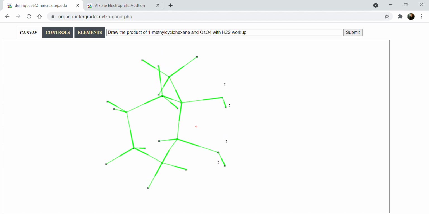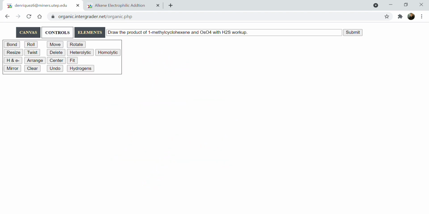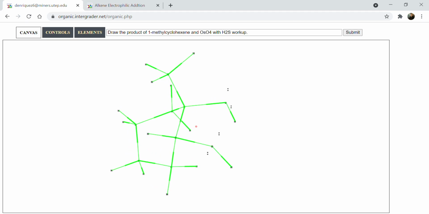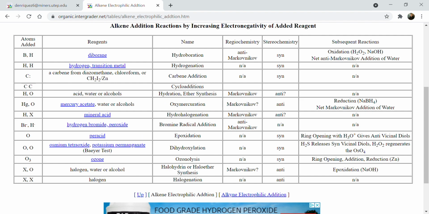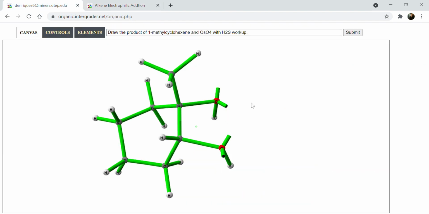And then lastly, I see that they are looking like they're syn. Okay, so I want to make sure that it's the right, yep, so they have to be syn. And that should be good. I think I have the right amount of everything on there. I hope I do, but let's see.